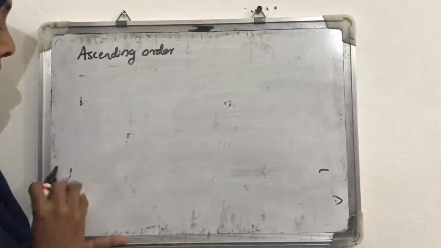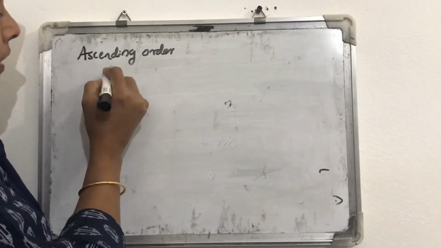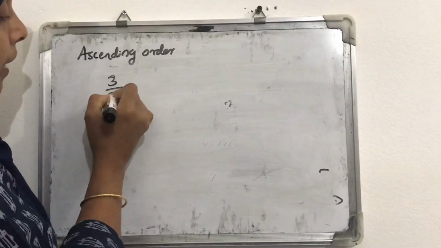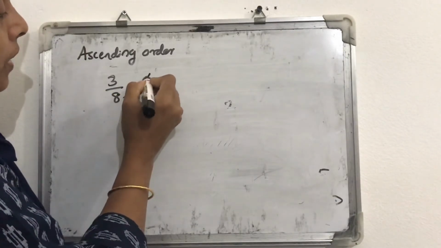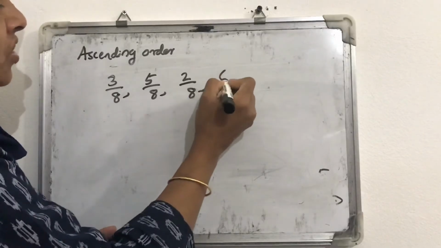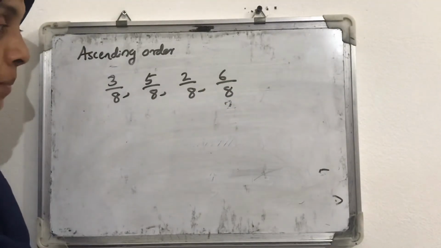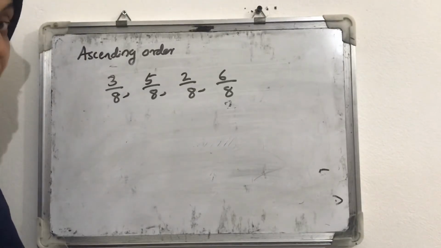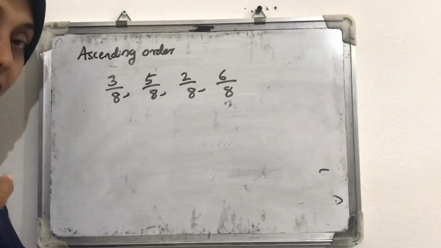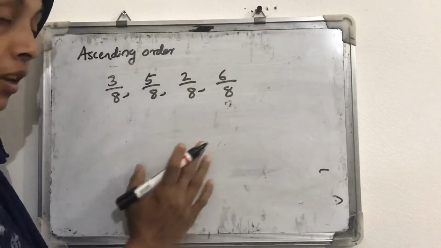Now look at some other fractions: 3 by 8, 5 by 8, 2 by 8, 6 by 8. How do we write these fractions in ascending order? First we write the smaller fraction. Which will be the smaller fraction?